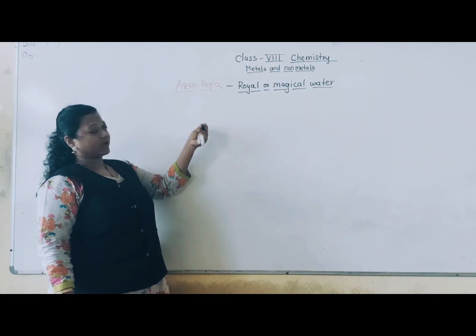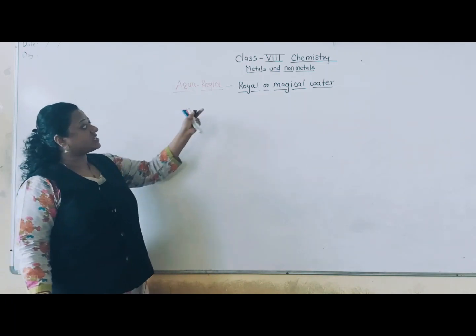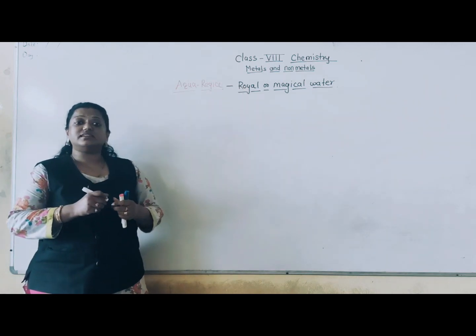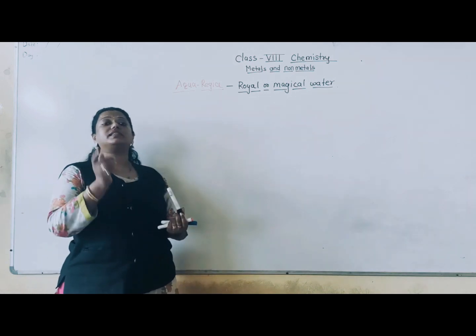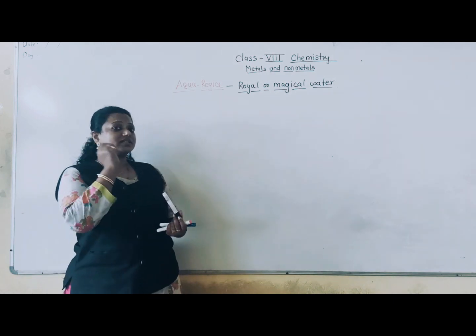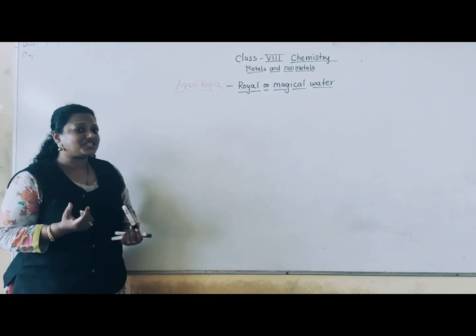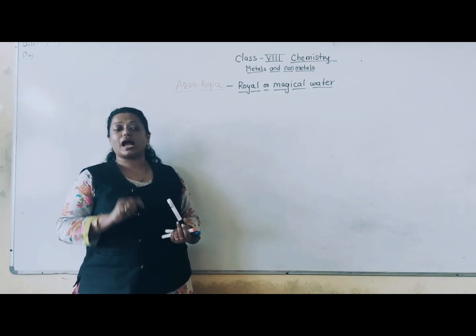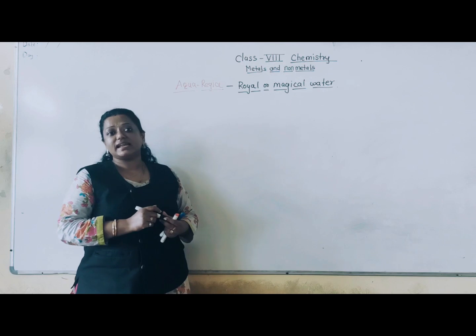That is Aqua Regia, royal or magical water. No other agent can react with gold and platinum, but Aqua Regia has a magic to dissolve gold and platinum in it.